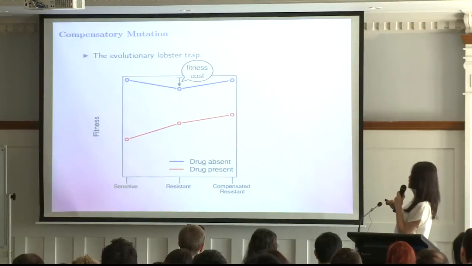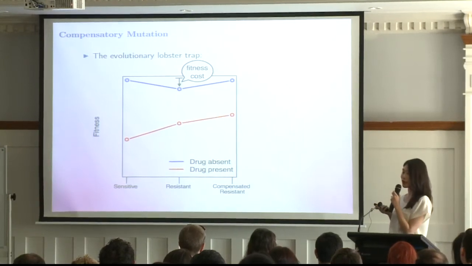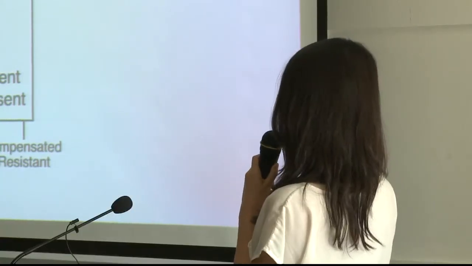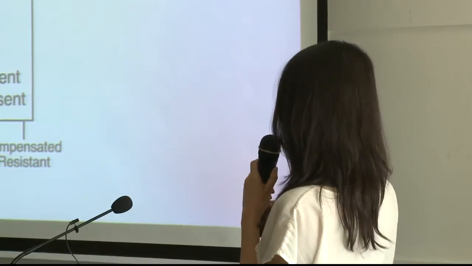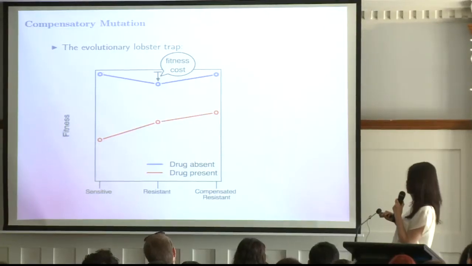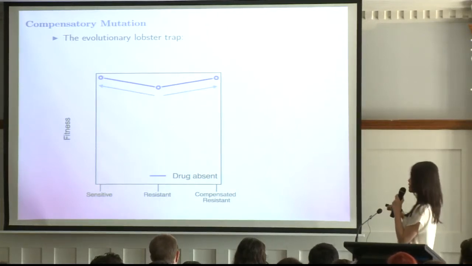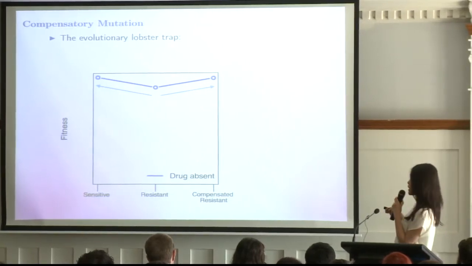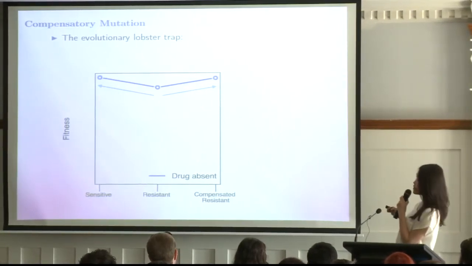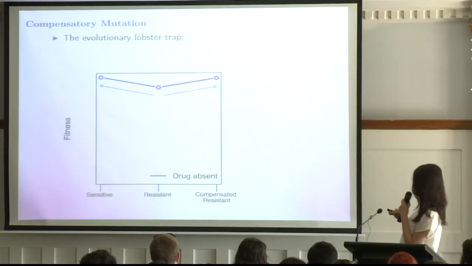However, later people have observed such cost can be compensated or even eliminated by a subsequent mutation, so we call it compensatory mutation or compensated resistant type. In the absence of antibiotics, due to the relatively high and low fitnesses of different bacterial strains, the selective pressure pushes the bacteria to mutate from resistant type to either sensitive or compensated resistant type.